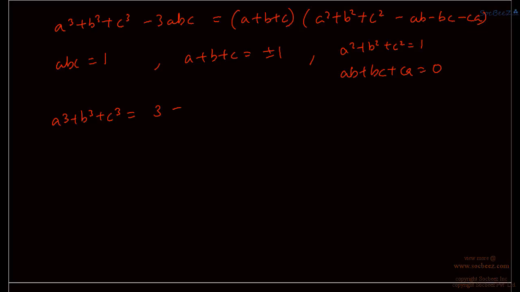What I get is, I take the 3ABC to the right side. I have 3, plus or minus 1 into 1 minus 0. Right. So this is 3 plus or minus 1. And hence, if A plus B plus C is equal to 1, this is equal to 4. Right.